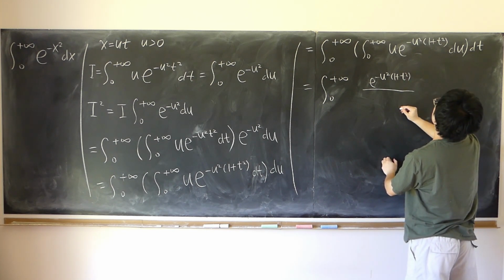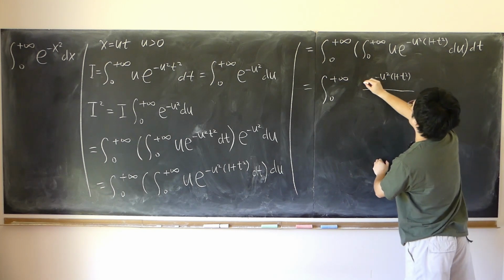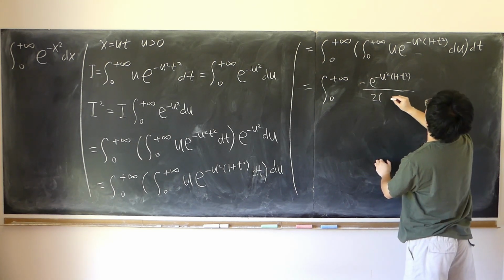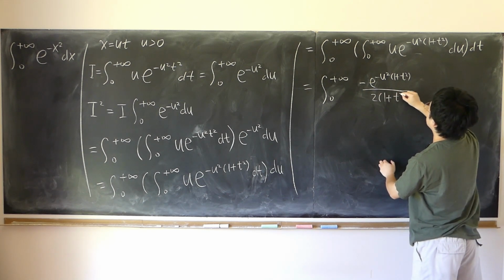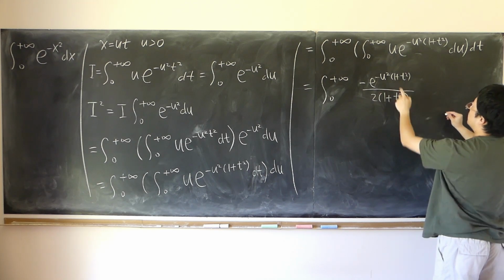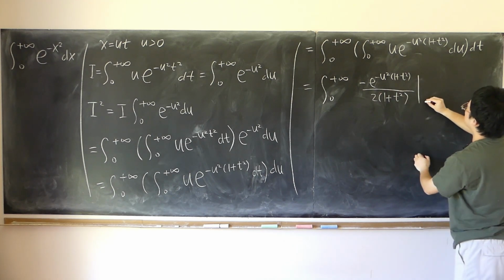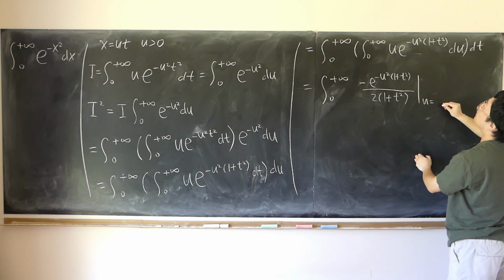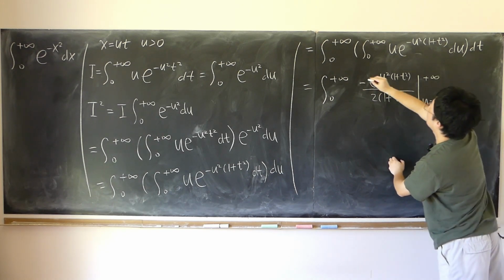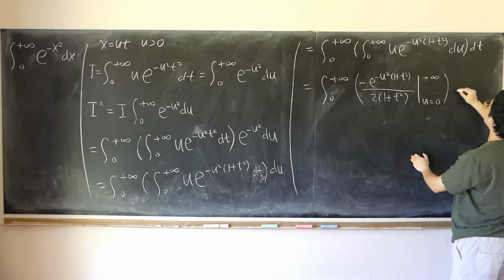I believe I should multiply by negative 2 times 1 plus t squared. I believe that's the antiderivative function. So u evaluated from 0 to positive infinity, then dt.